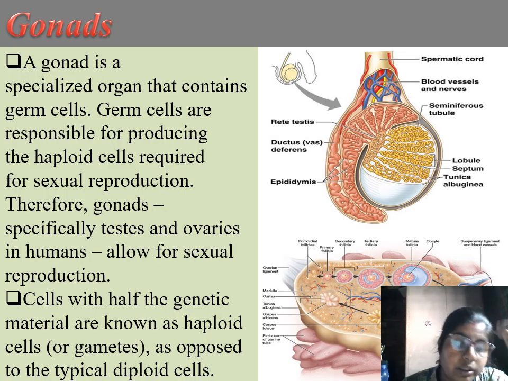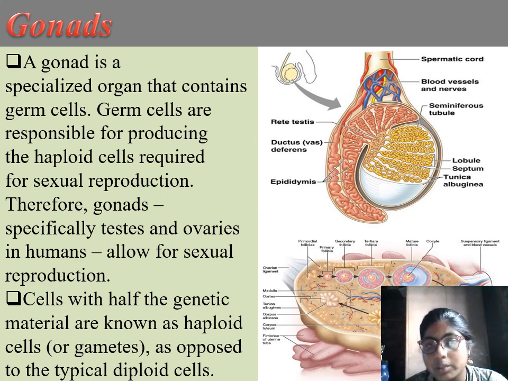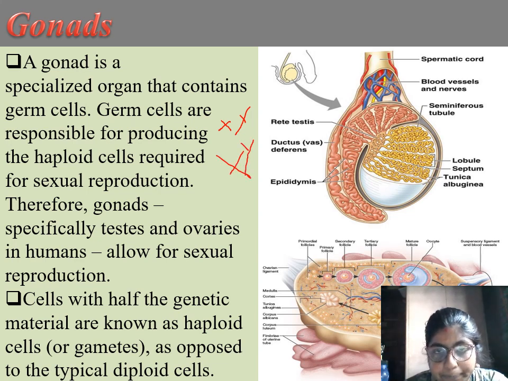So what is a gonad? A gonad is a specialized organ that contains the germ cells. Germ cells are haploid cells, while the autosomal chromosomes are diploid and the sex chromosomes are haploid, containing XX in the case of female and XY in the case of male.